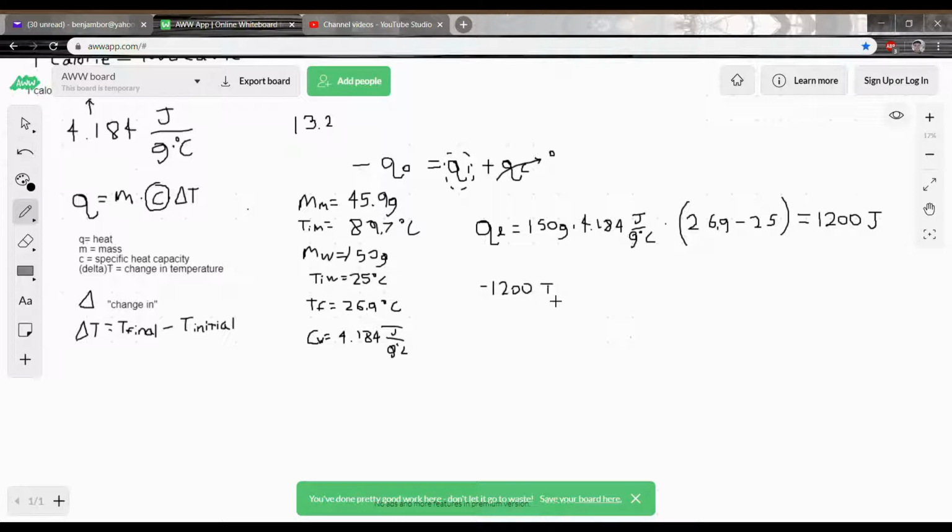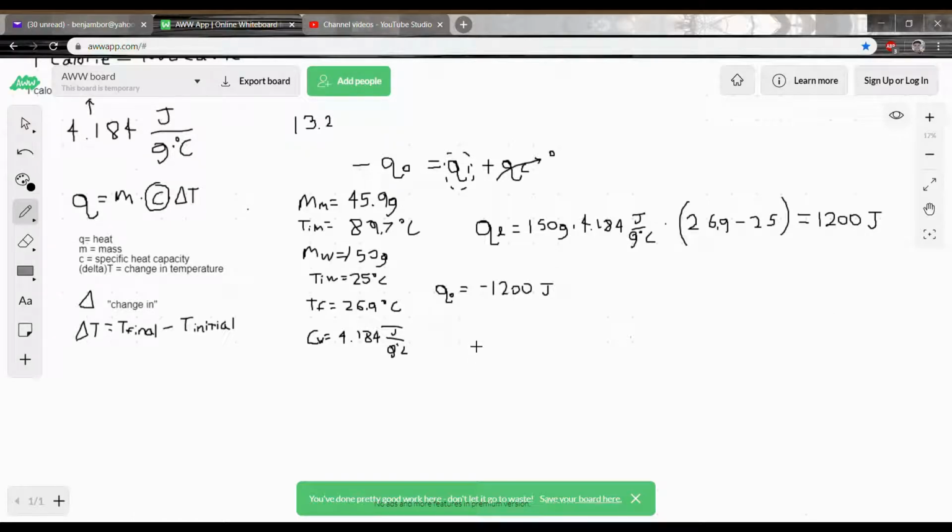That means our object is going to lose 1200 joules of heat. Now, we have the mass of our object, we have the temperature change that it undergoes, and we have a heat transfer now. We have the change in joules, so we can find the specific heat capacity. I've had this thing in front of my eyes the whole time, and I've forgotten so many times now.